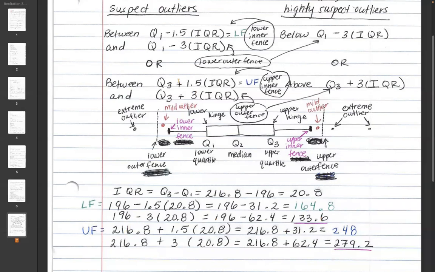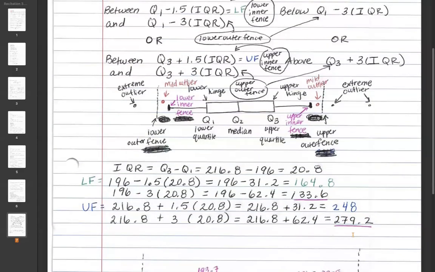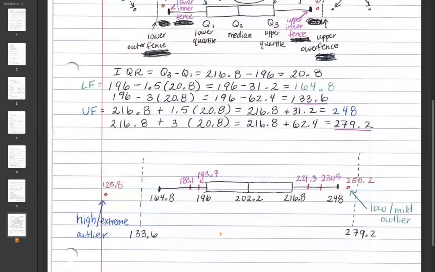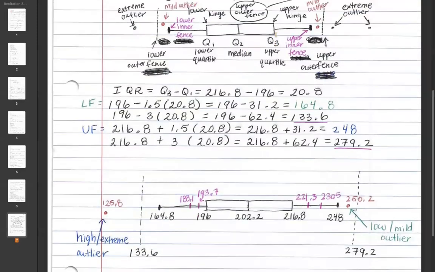Then I also did these two formulas. Quartile 3 plus 1.5 times the interquartile range, you get 248. And quartile 3 plus 3 times the interquartile range, you get 279.2.